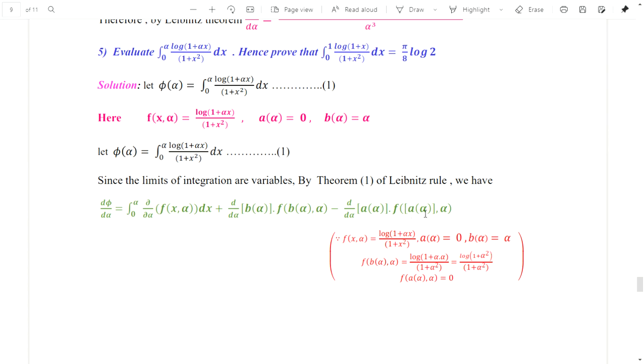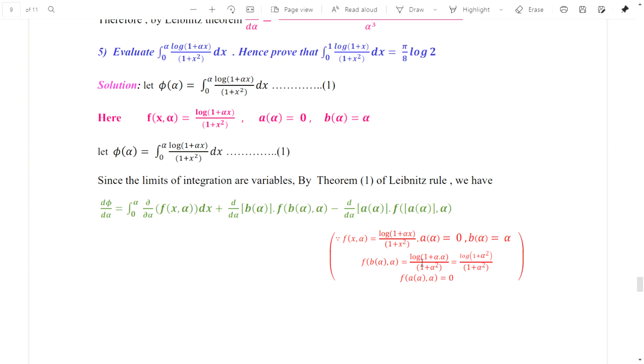Next, f of a of alpha comma alpha. Here a of alpha is 0, so log of 1 plus alpha into 0 divided by 1 plus 0, which is nothing but log 1, and we know that log 1 is 0. That's why f of a of alpha comma alpha will become 0.